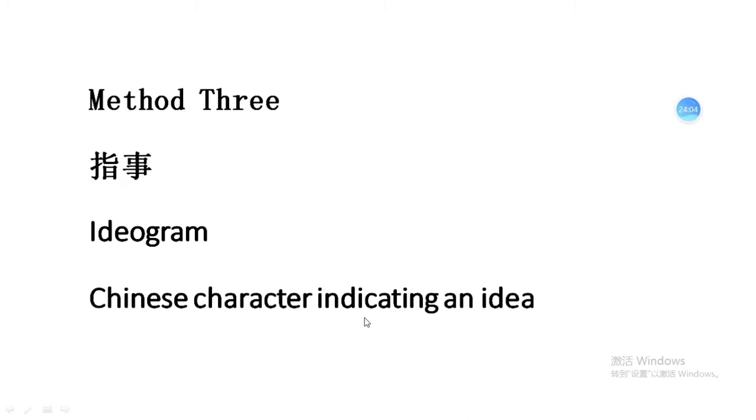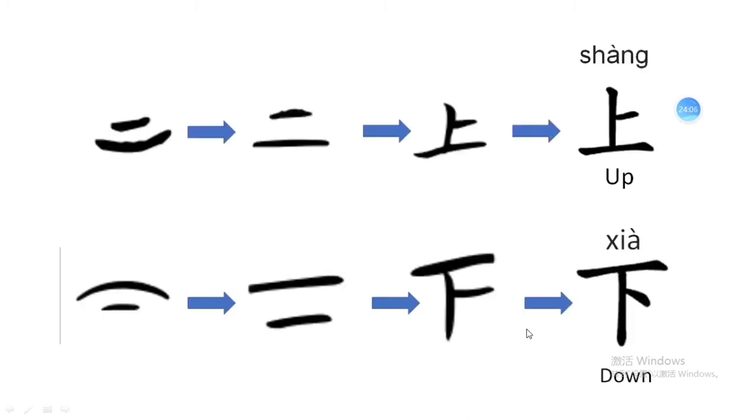Chinese character indicating an idea. For example, here you see this is a horizontal line and this dot is above this line, so it means up. See, up is like this, up. And this is the horizontal line and the dot is down this horizontal line, so it means down.